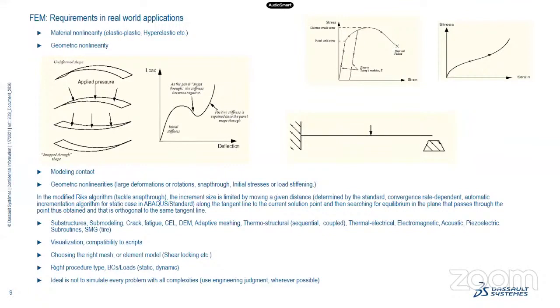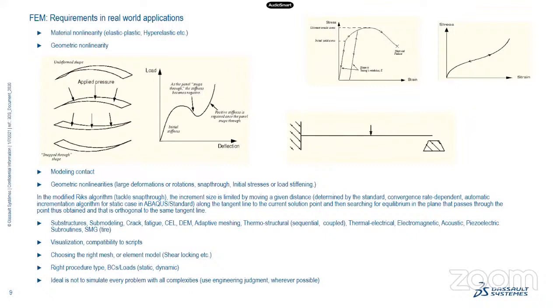Another major issue when you do a finite element analysis is the right procedure type. For example, deciding whether it can be a static or dynamic analysis, and whether the inertia effect is significant. How to decide those things is very important.